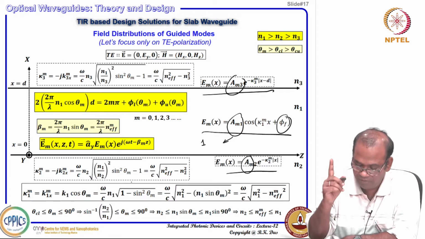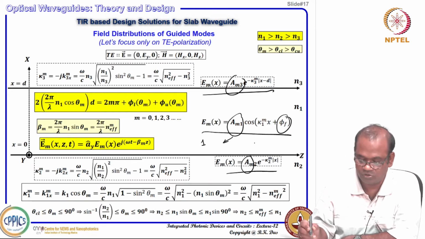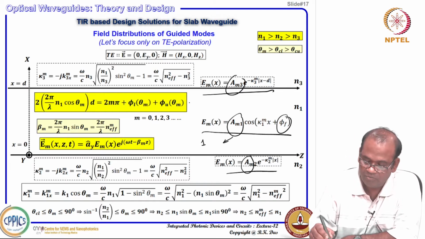But one important parameter you need to solve first to see the different modes is theta m. The solution for theta m is this one, and once you solve theta m, you can find beta m and n effective m.